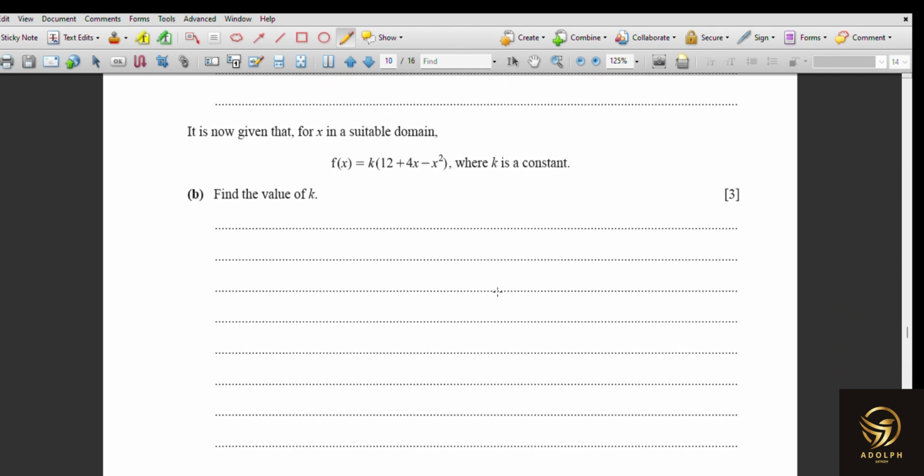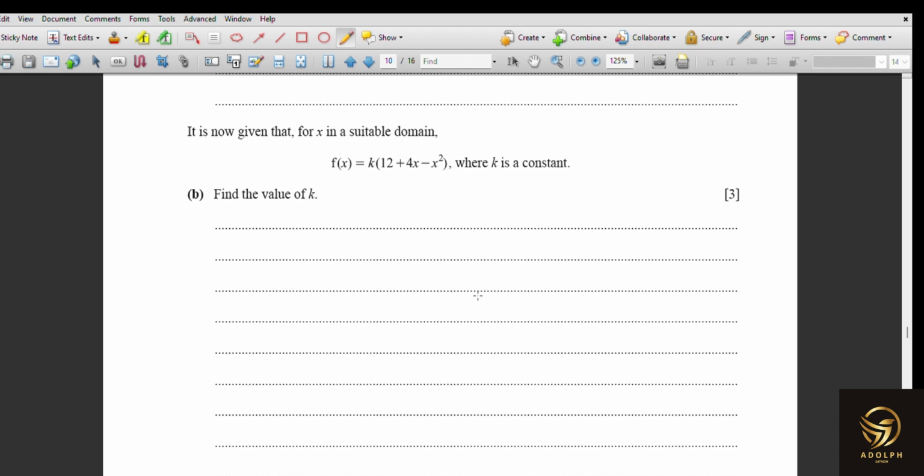Okay, next one. It is now given that for x in a suitable domain, f of x equals k into (12 plus 4x minus x square), where k is a constant. Find the value of k. Actually we don't know the domain of this function, but they mentioned x in a suitable domain.